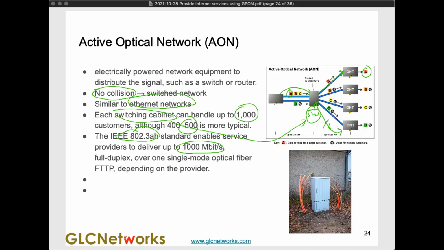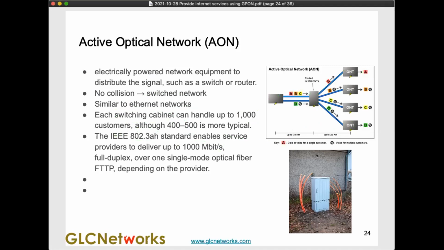It's not split, so it's a dedicated 1 gig for the ONT. That depends on the provider. If you don't have 1 gig upstream here, how can you deliver 1 gig to the customer?